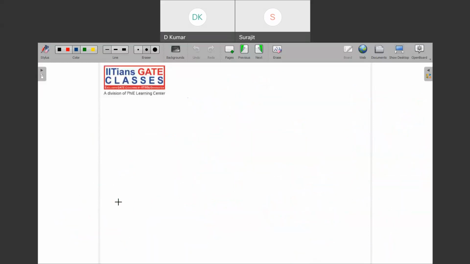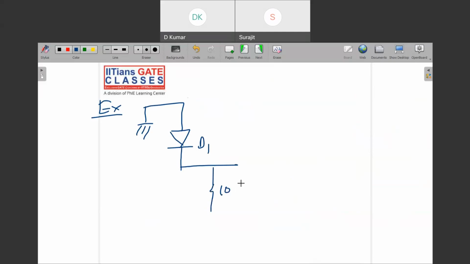So this is one kind of problem. One more problem which I want to take up here is an example from Sedra only. This is the diode connected here. Very good problem. That is D1, and this is 10 K, and 5K.